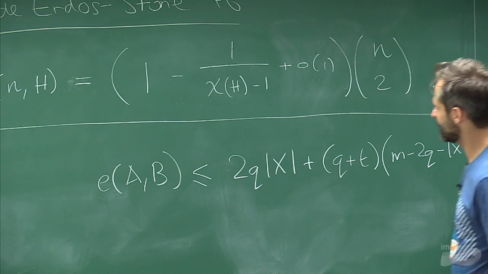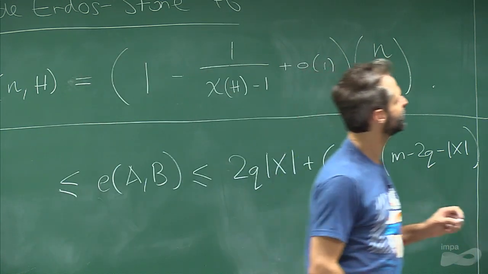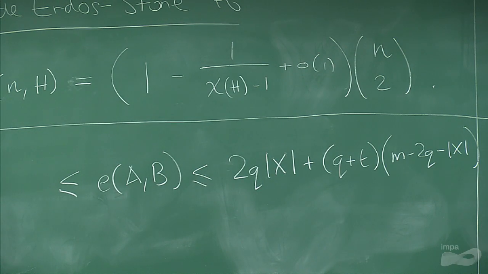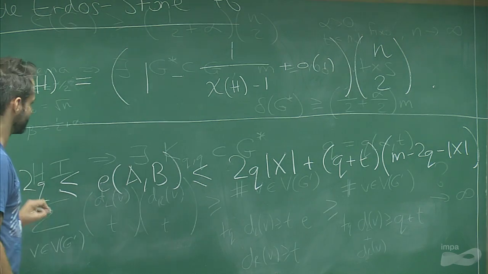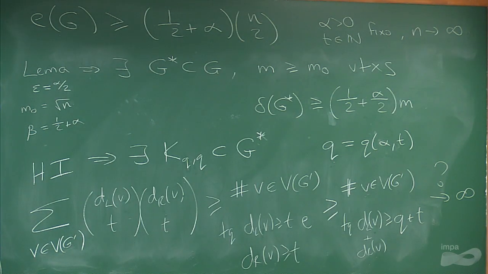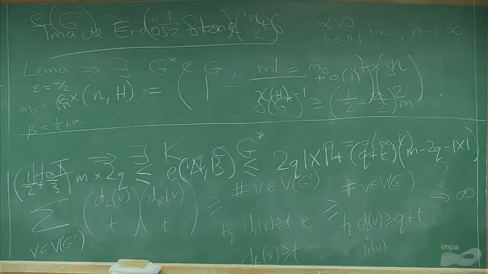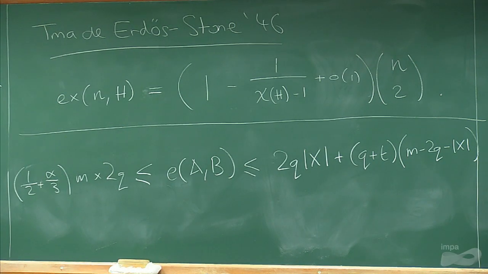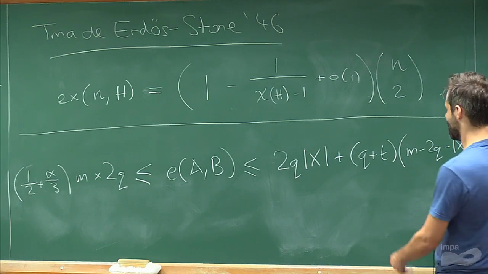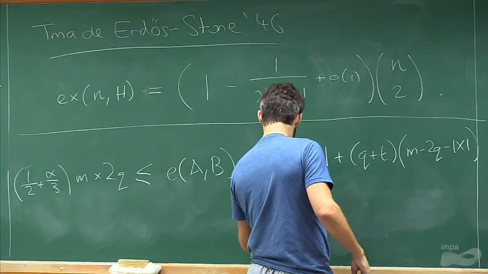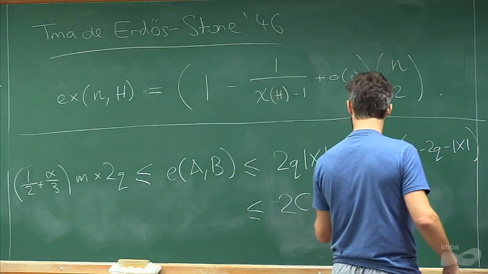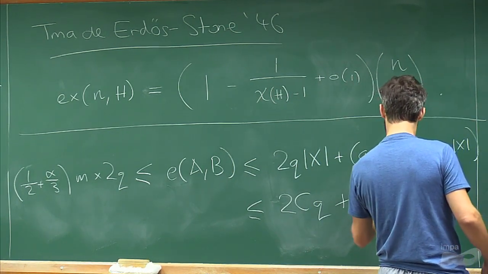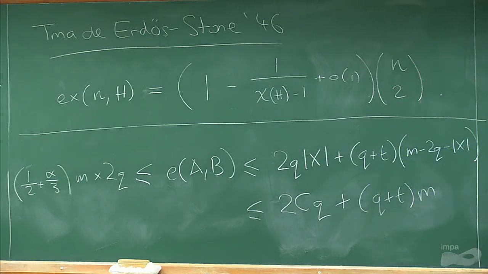Okay, what is it at least? Each vertex here sends at least this many down. So it's at least (a half plus alpha over 3) times m times 2q. So let's just cancel things. We have a q times m. Let's bound this first, let's be silly: 2 times c times q plus (q plus t) times m.